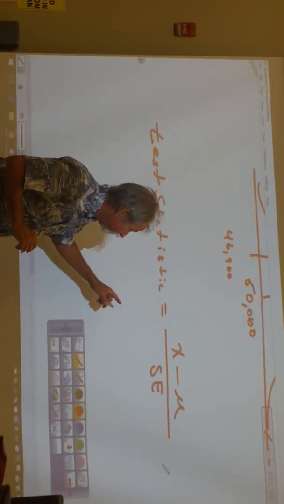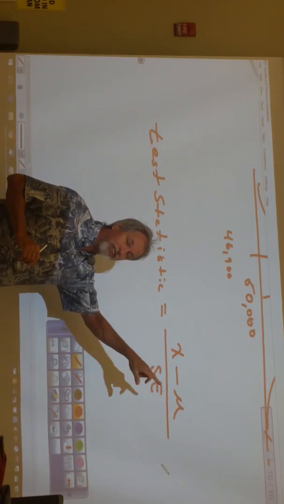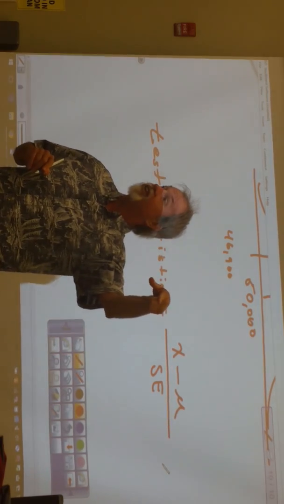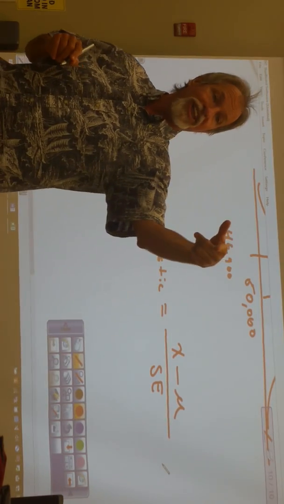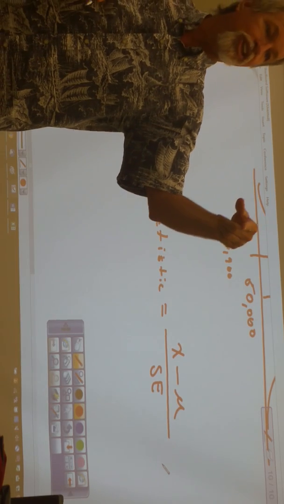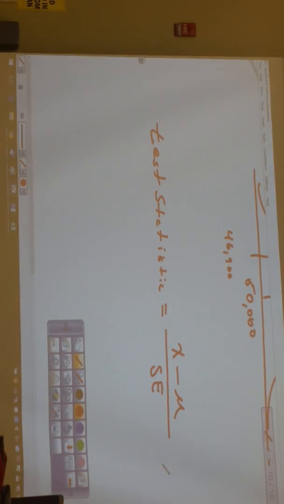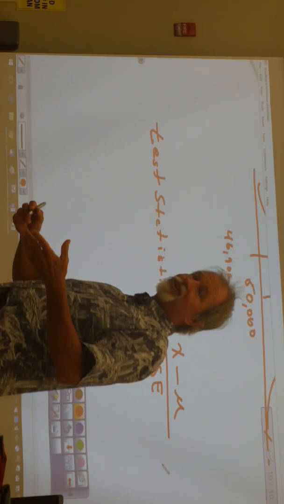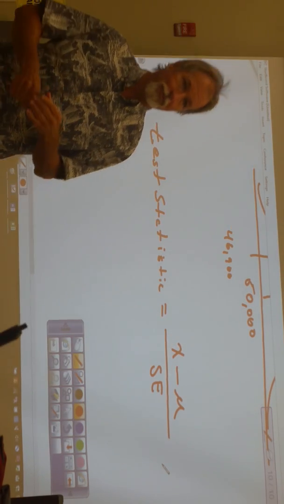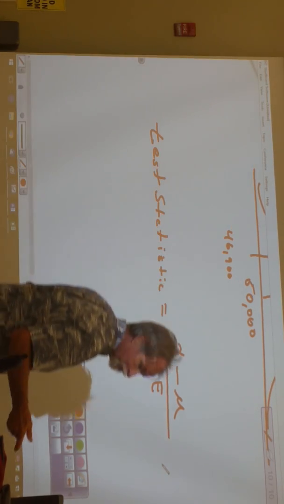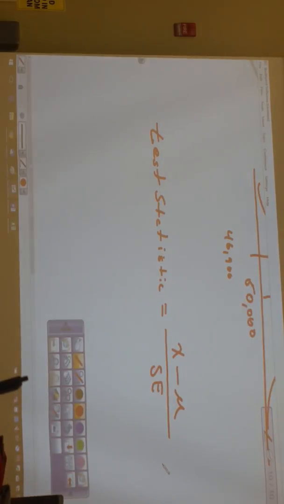Now, if I use the Z, I'm going to use the standard error, which we just calculated. If I'm using the T-table, we use the estimated standard error, because we don't have the standard error. If we had the population mean, we would use the other one. So that's how I'm going to calculate that.